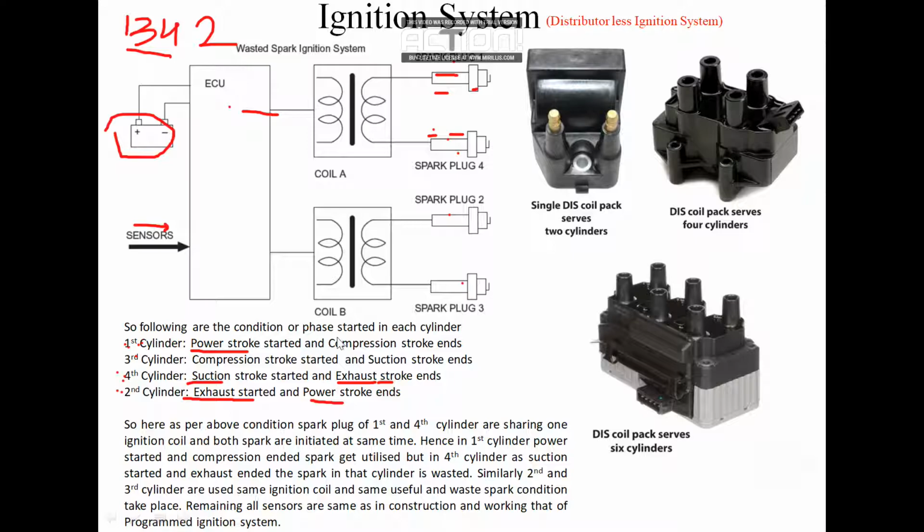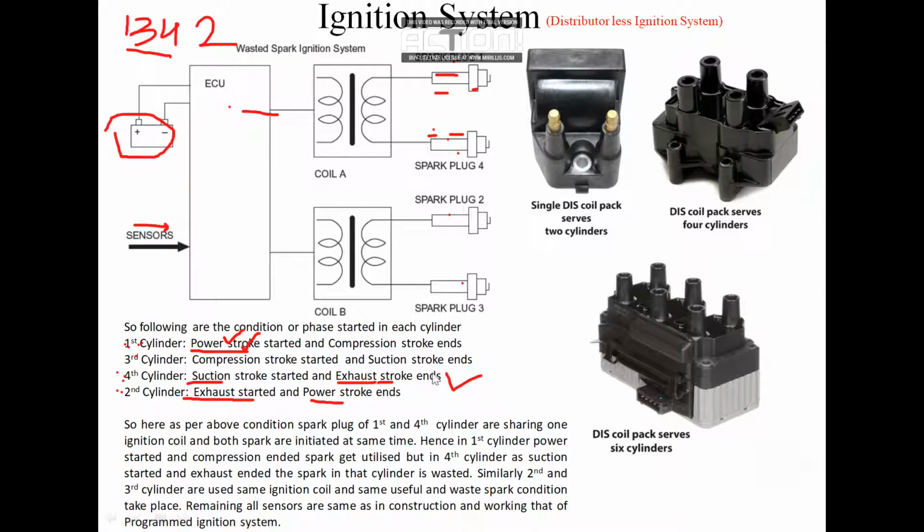So whenever I am making a spark in the first cylinder, at that time we are making a spark in the fourth cylinder also. The spark made in the first cylinder is utilized to have a power stroke, but the spark made in the fourth cylinder is wasted because no compression takes place, just suction is started, or we can say exhaust has ended. So our spark takes place during the end of exhaust stroke or the start of the suction stroke.